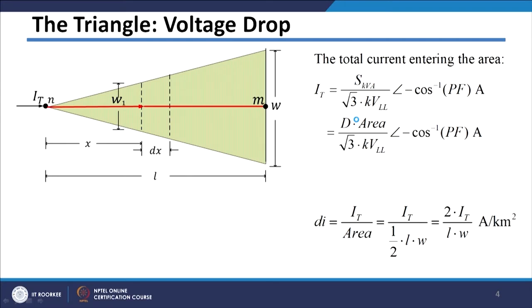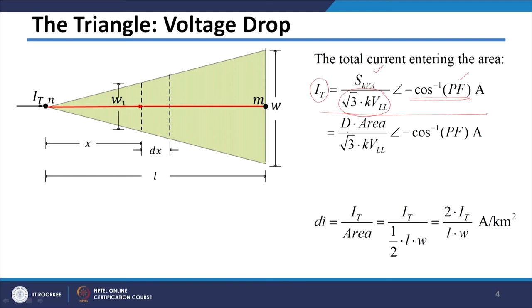If you know the total kVA, we can easily get the current entering this feeder, which is given by this equation: kVA divided by √3 times the line to line voltage, at an angle of cos inverse of the power factor, where this power factor is the average value over your distribution area.